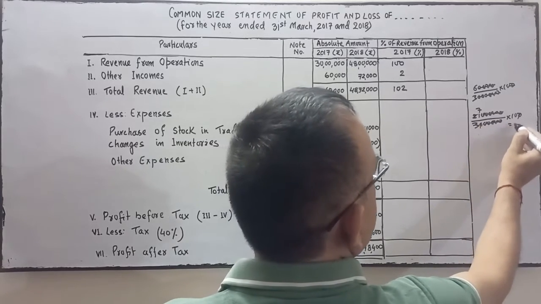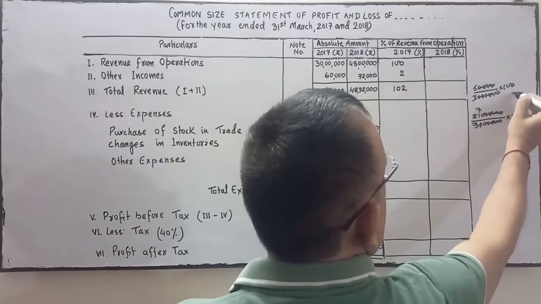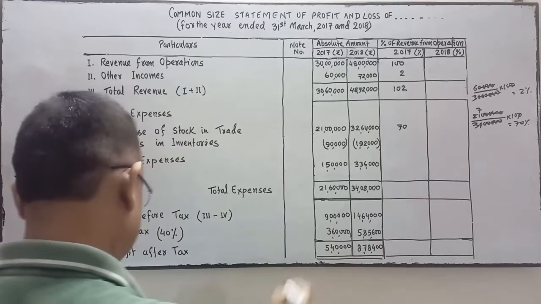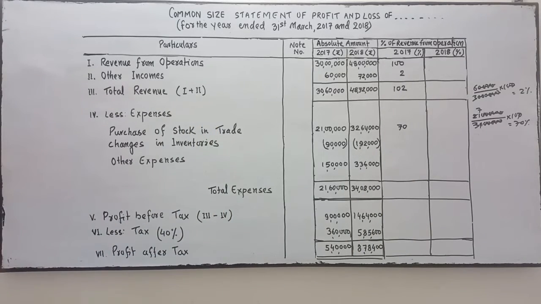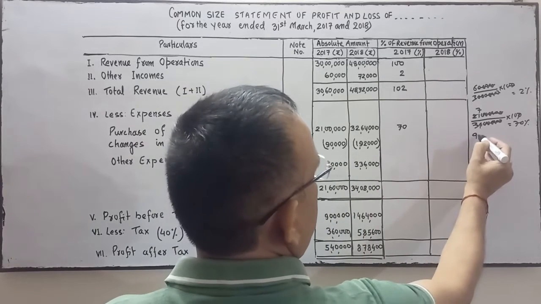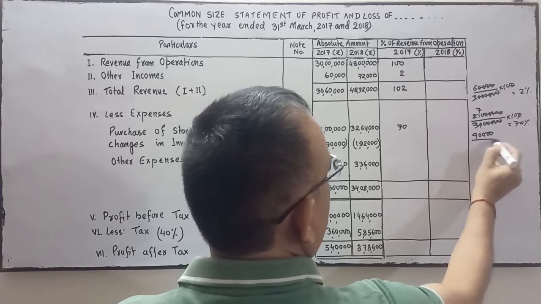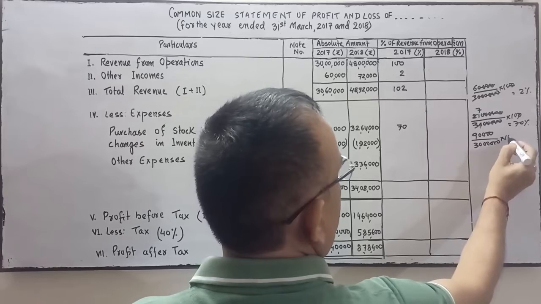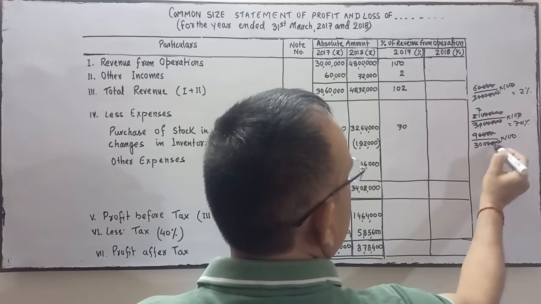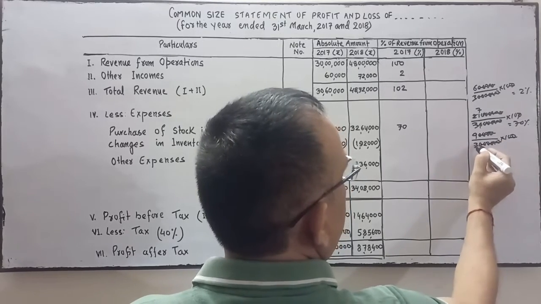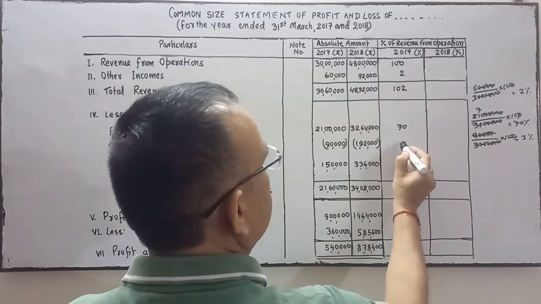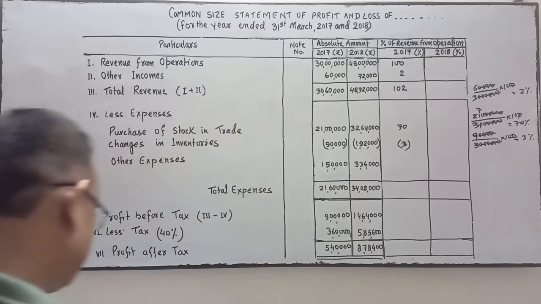So it is 70%. Next, 90,000 upon revenue from operation 30 lakhs into 100, so it's 3%, but it's a minus 3%.